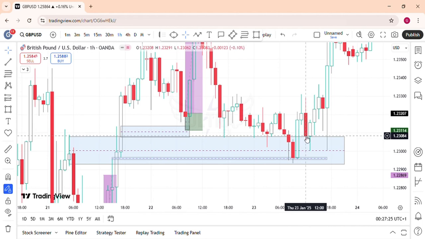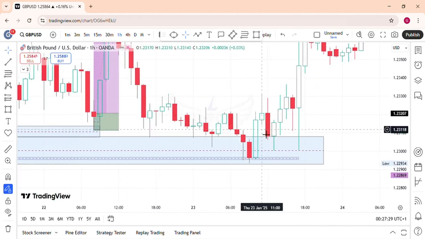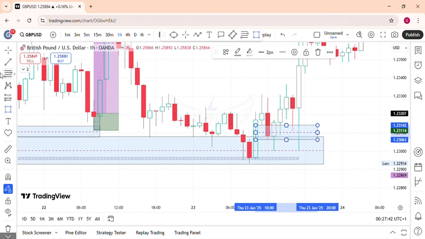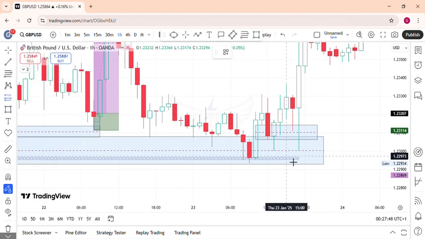So what we need to look for is our break of market structure. As you can see, this is your fair value gap. Once again, you draw your fair value gap to these spots for confirmation that it is actually there.